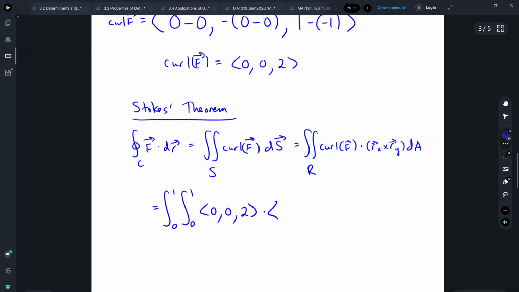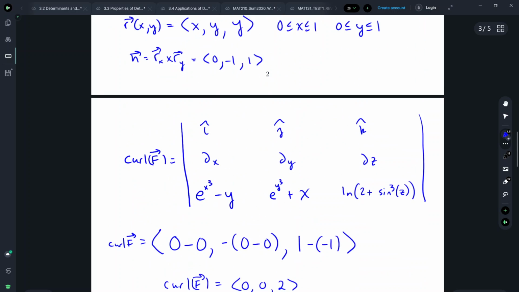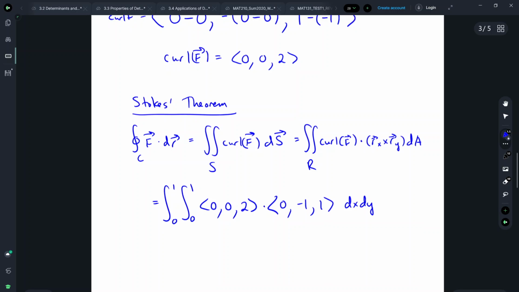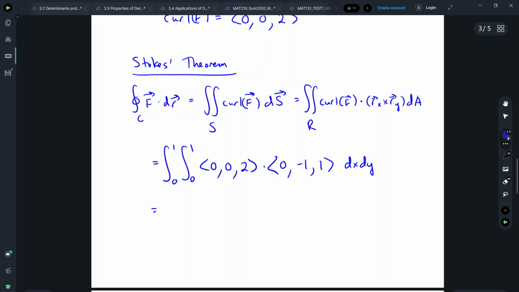The normal vector was calculated here, so 0, negative 1, 1. And here it doesn't matter the order of the variables x and y, so let's just write dx dy, because in this instance where the lower limit and the upper limit are all constants, you can switch the order however you want.